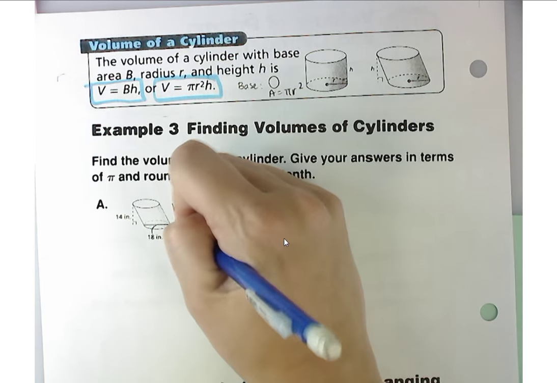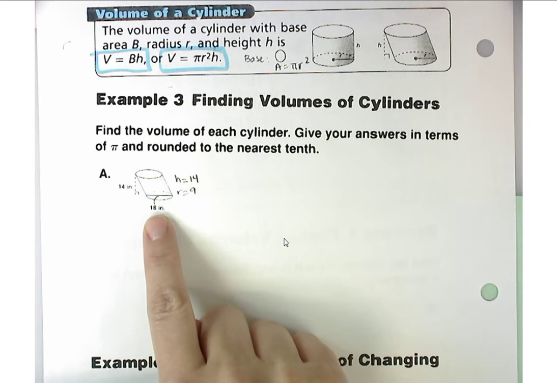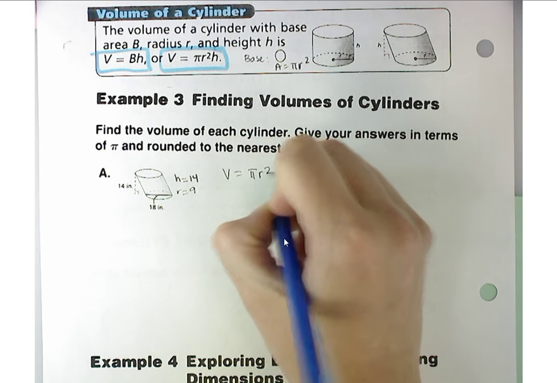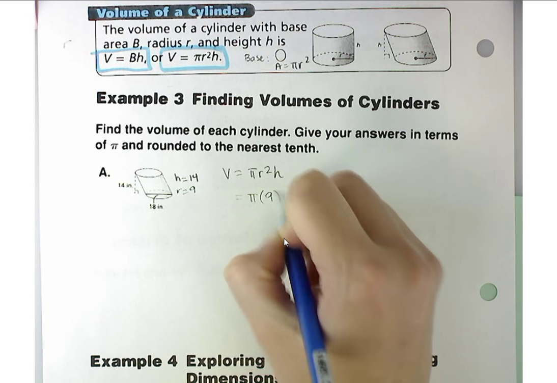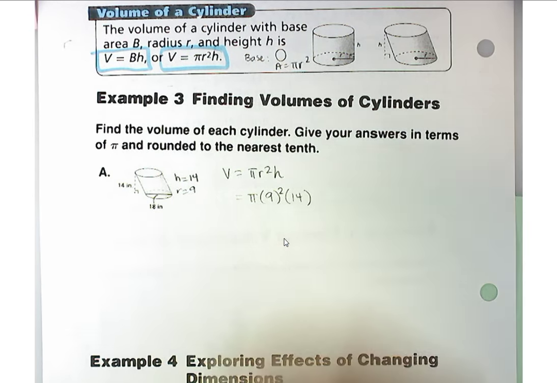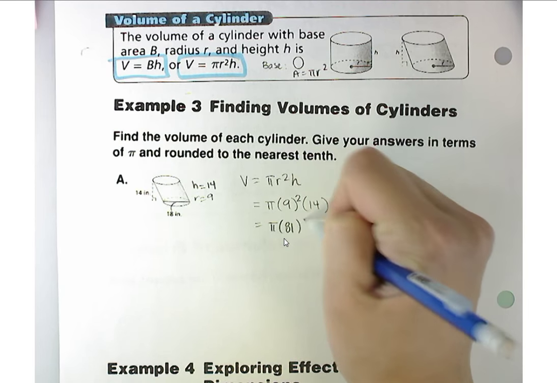Yes. So you have to do half of the diameter, which is given. So then for the volume, I'm going to do pi r squared times h. So pi 9 squared times 14. Okay, we know that 9 squared is 81, so we can just multiply 81 by 14.